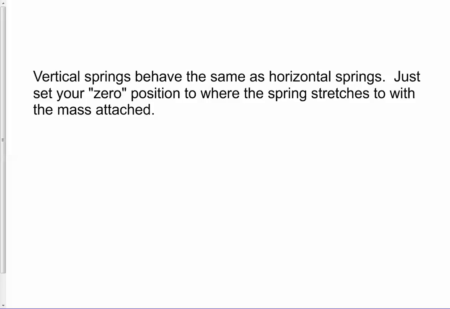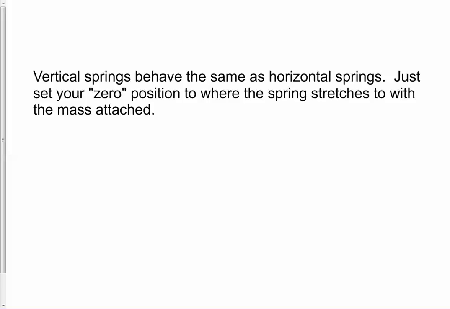You just have to use a position scale where your 0 is set to where the spring stretches to when the mass is attached, not where it is when the mass is not attached. If you just set your 0 point to that place, you don't have to do anything different. The differential equation is the same, and therefore all the solutions are the same, as long as you stick to that y scale, as opposed to that original x scale, everything is fine.